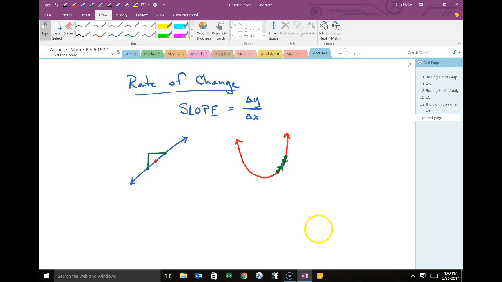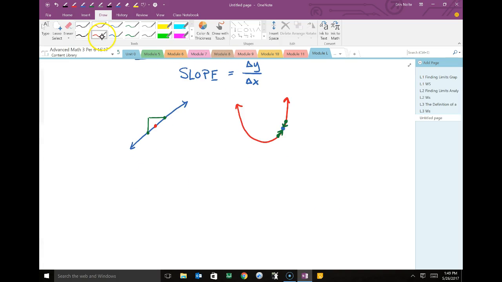Okay, so I'm going to give you the definition, and this is something you're going to write down and highlight.